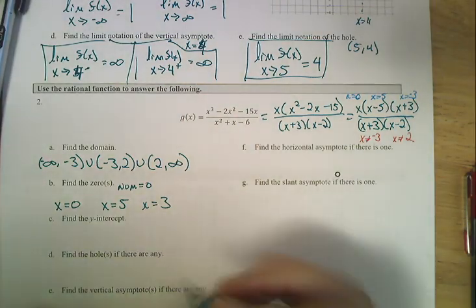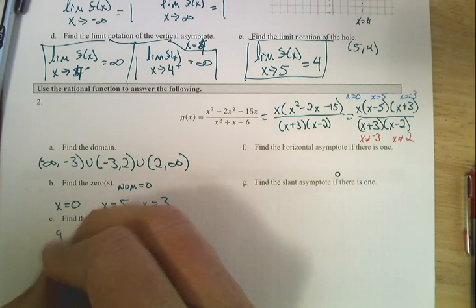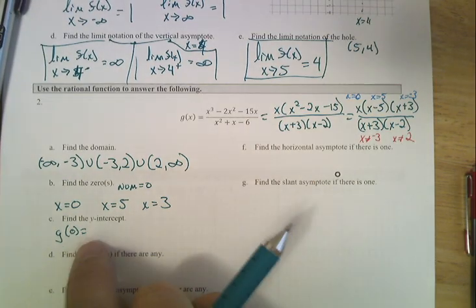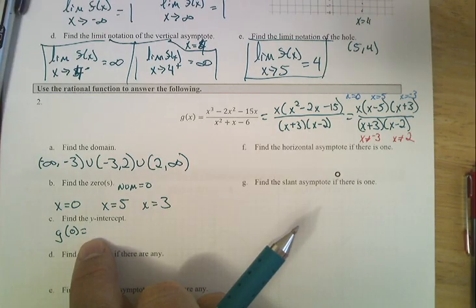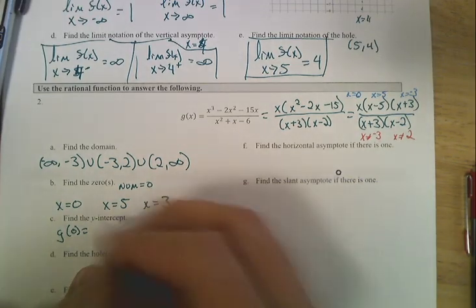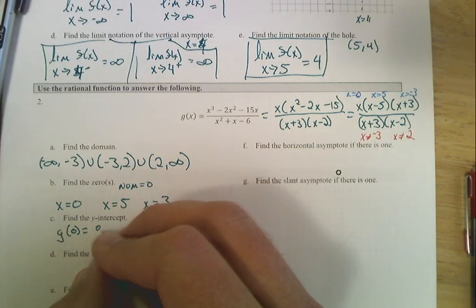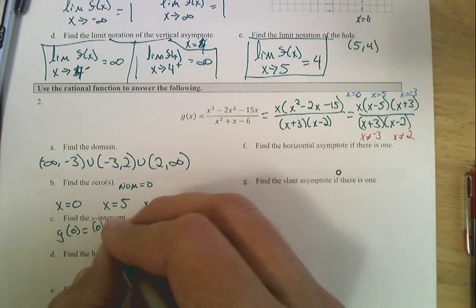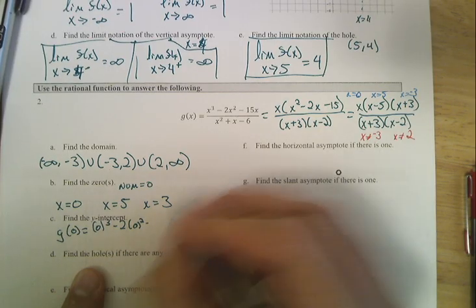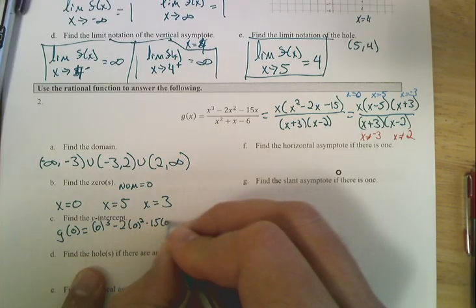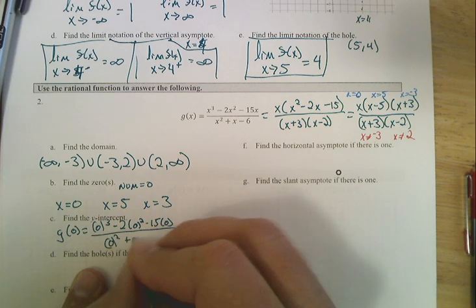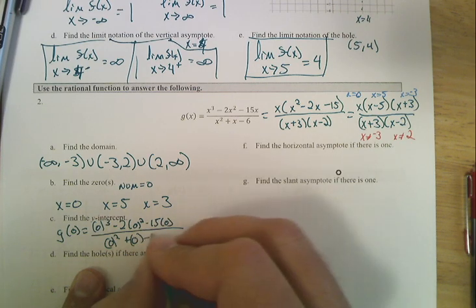Find the y-intercept. So the y-intercept occurs when g of 0, so we plug in 0 for everything. This is the one time when I actually prefer to use the standard version, because a lot of things just start canceling out. So this will be 0 to the third power minus 2 times 0 squared minus 15 times 0, all over 0 squared plus 0 minus 6.